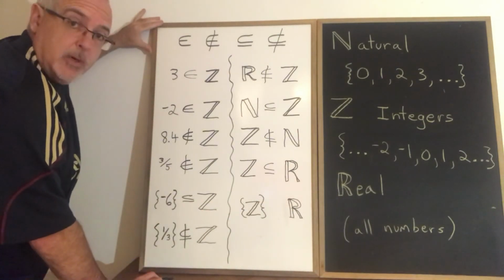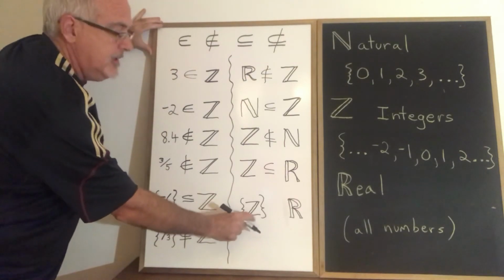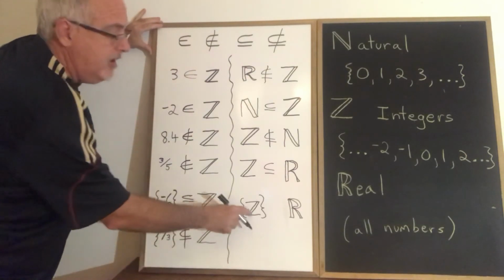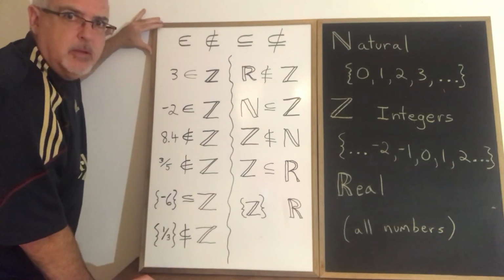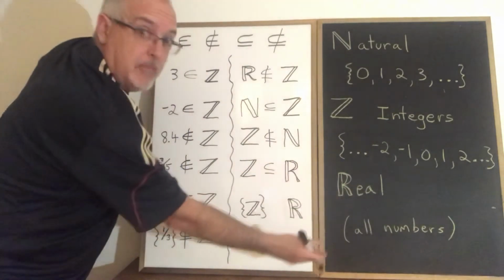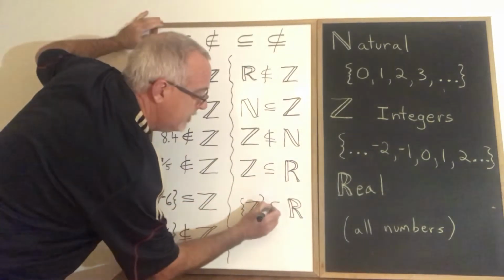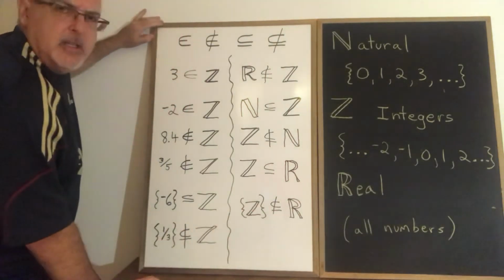This is a bit of a trick question. This is not the set of integers. This is a set that has one element in it, and that one element is the integer symbol. Since that integer symbol is not a number, it means that the set that includes it is not a subset of real numbers. But like I say, that's a bit of a trick question.